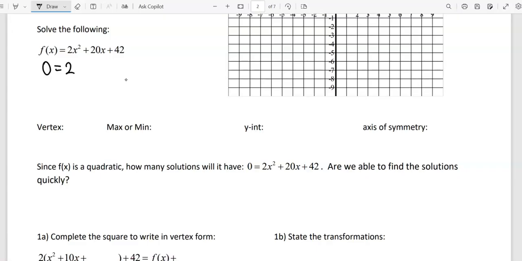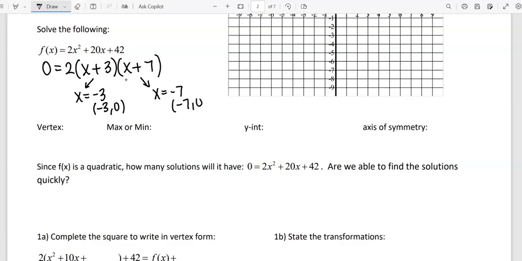So might as well just go ahead and write my factored form. So 2 times x plus 3 times x plus 7. And what do I get from x plus 3 equals 0? X equals negative 3. What do I get from x plus 7 equals 0? X equals negative 7. Give me the coordinates for those, the ordered pairs. Good. Negative 3, 0, and negative 7, 0.